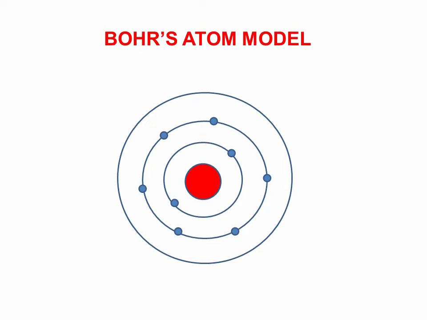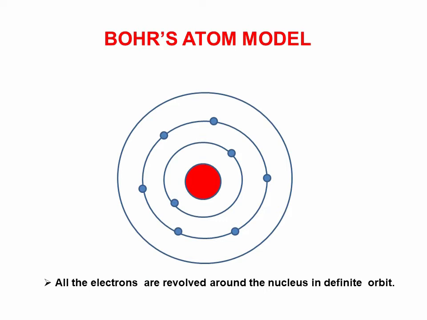This animation will give a clear idea about Bohr's atom model. First point, all the electrons revolve around the nucleus in definite orbits.